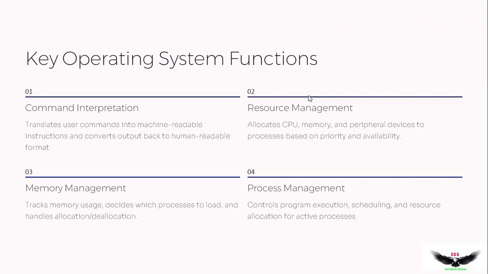So we need an interpreter, someone to stand in between. That's the operating system, in between the user and the computer. What you give the computer, the operating system interprets and makes the computer understand. And what the computer gives you, the operating system makes you understand. So it's an intermediary.